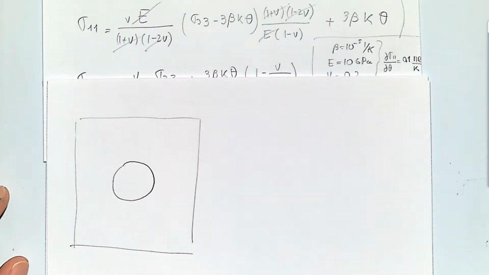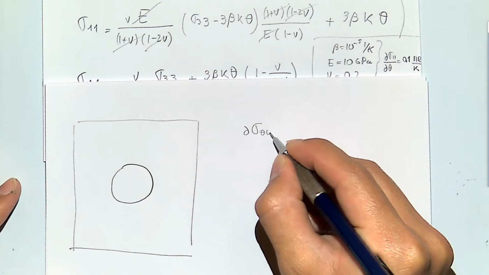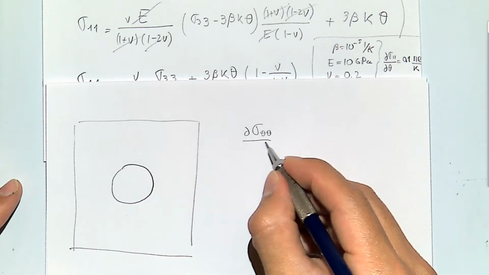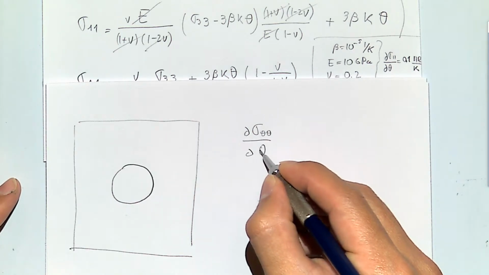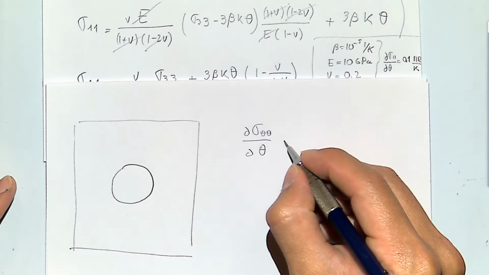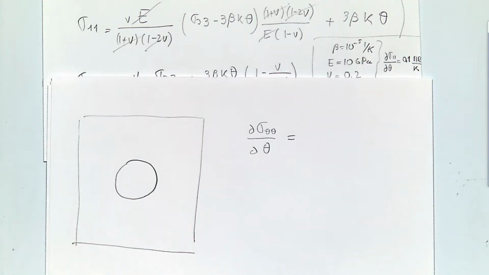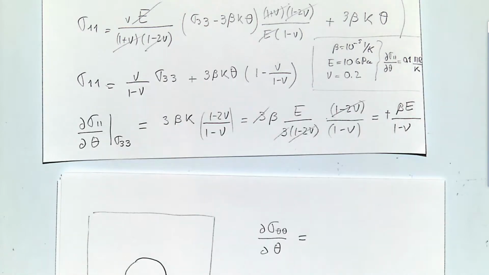And what we are interested in this case is to get to know what would be the variation of hoop stress due to a change of temperature. And the answer to that is an equation which is very similar to the one that we just derived.